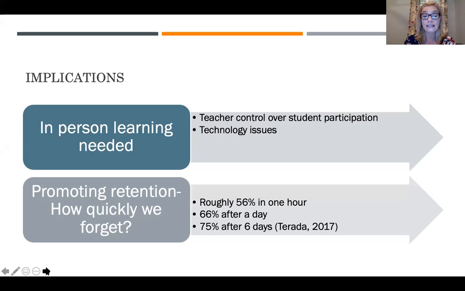Like I just said, in-person learning is needed, especially with elementary students. I think we've all had those experiences this year, where we've seen just how important in-person learning is, especially to struggling students, especially to students from struggling families.